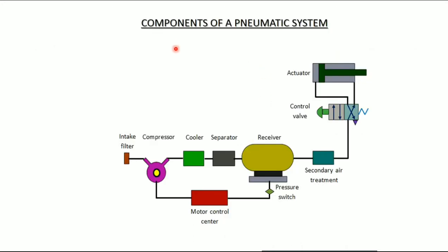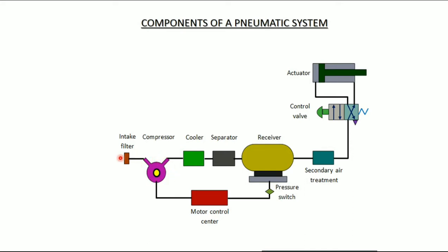Then, components of a pneumatic system. As we already know, the heart of the pneumatic system is the compressor. It is connected with the filter. The compressor is run by means of an electric motor. When the electric motor rotates, the compressor rotates.